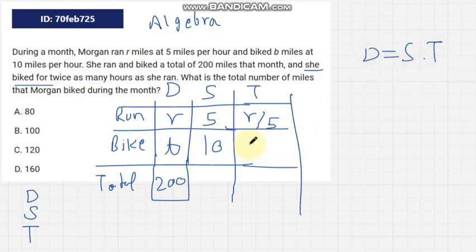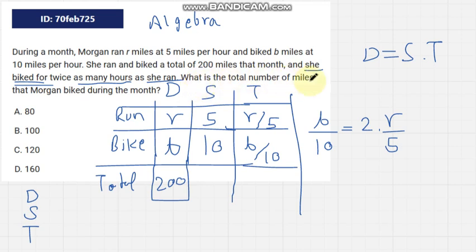So the time for biking is going to be b over 10. Now the information is she biked twice as many hours as she ran, so the biking hours is double. So I can write b by 10 equals 2 times running hours, which is r by 5.